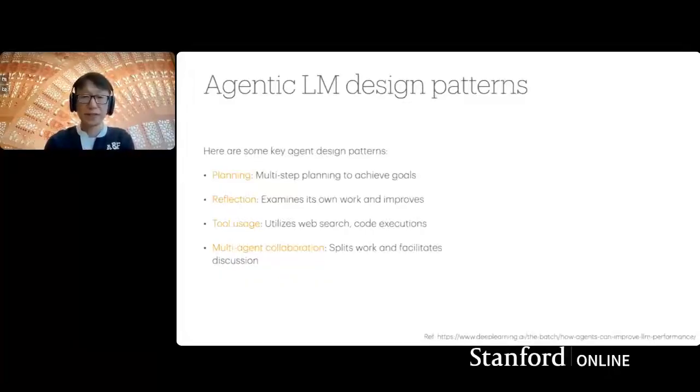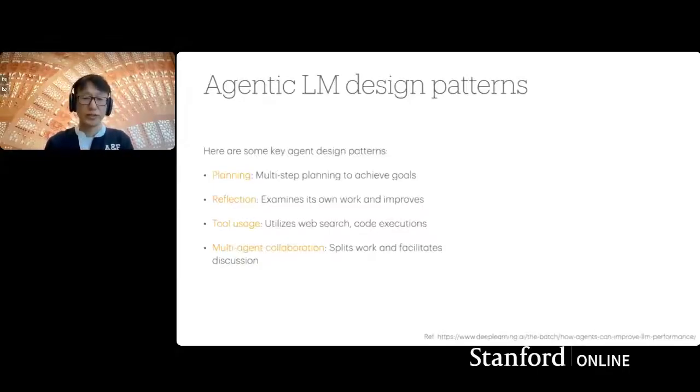Reflection is where the model generates output, and then the next model call criticizes the output that came from the same model. By doing this, the output could be improved.